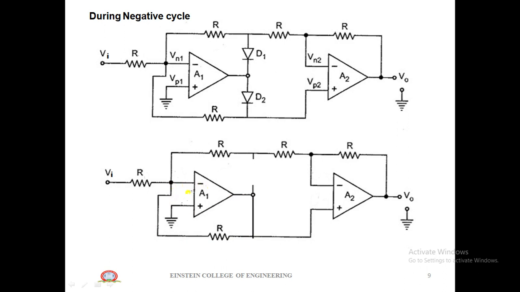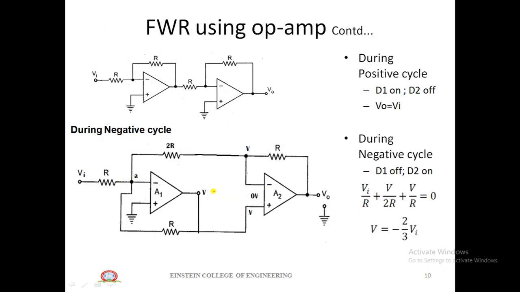So here this amplifier acts as an inverting amplifier with feedback resistance R and input resistance R. So whatever the input voltage, that will get inverted on the output side. Here we are giving a negative cycle, so input is negative, that is Vi is less than 0. Then the output will be a positive value V.